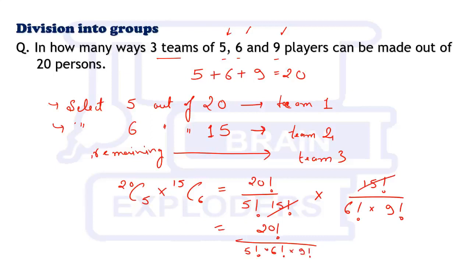Notice that we had to make teams of 5, 6 and 9, and in the denominator we are getting 5, 6 and 9, all of them. No difference is created between these 5, 6 and 9.